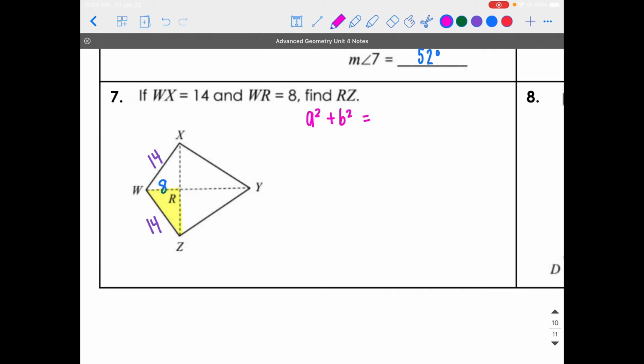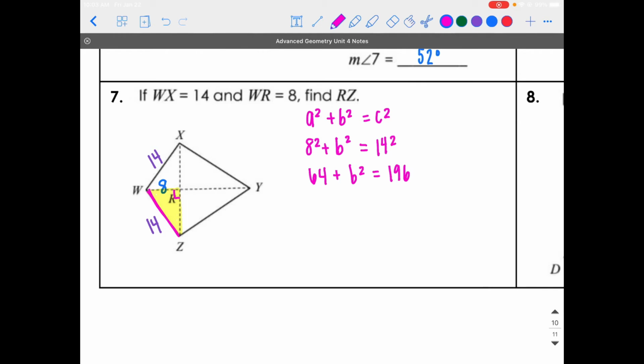A squared plus B squared equals C squared. This 14 is your hypotenuse, so that goes with your C. So we have 8 squared plus B squared equals 14 squared. That's 64 plus B squared equals 196.